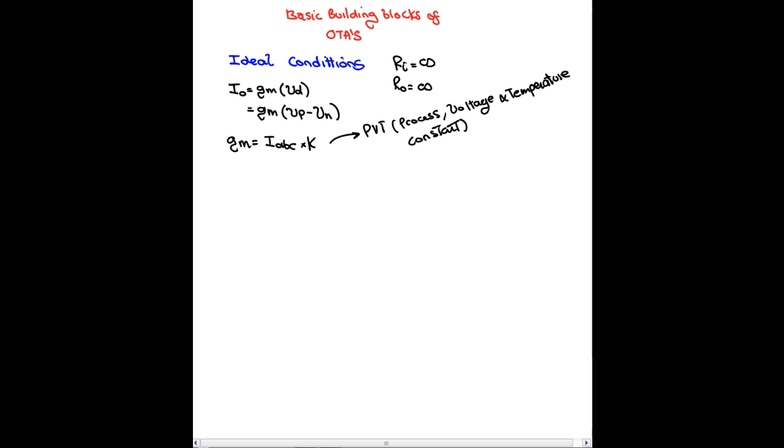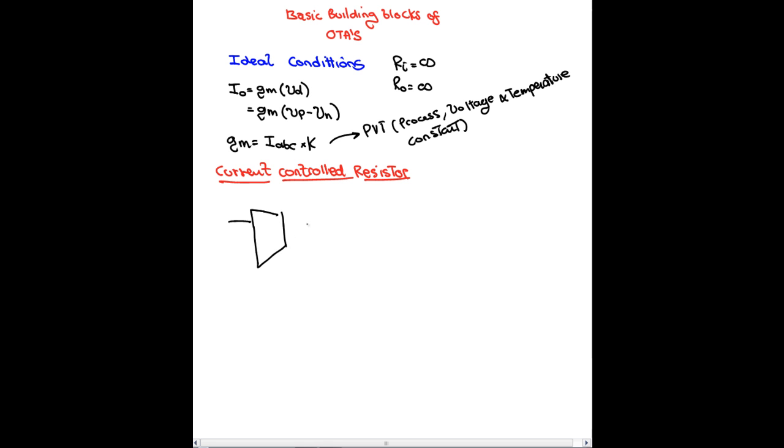Okay, so let's start talking about the basic building blocks. We'll start with the current control resistor, and we're going to start by drawing the schematic. So this is what it looks like.